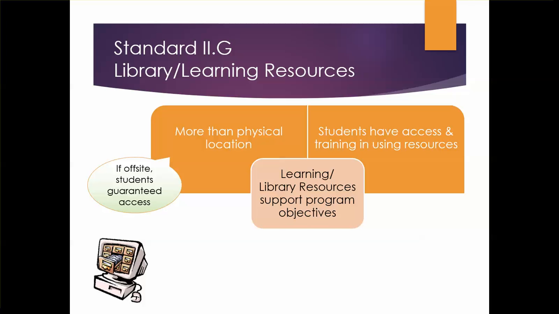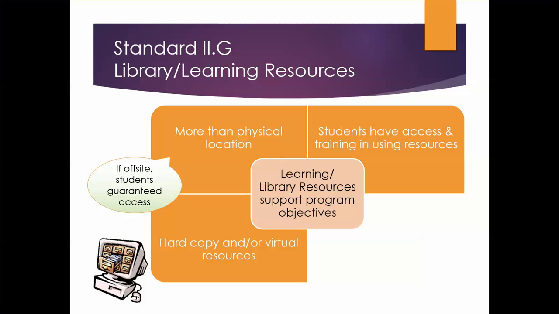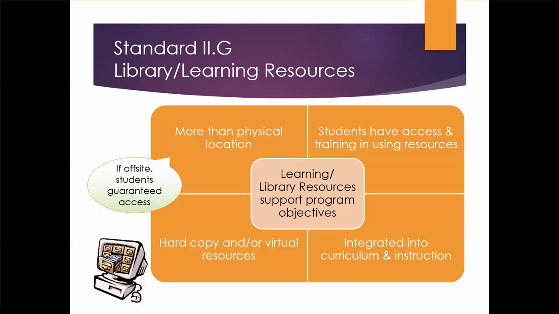Students must have access to the library, and they must be trained in using the resources. You may include hard copy and/or virtual resources. Virtual resources are becoming more important, and those are important to note. And they do need to be integrated into the curriculum and instruction of the program.